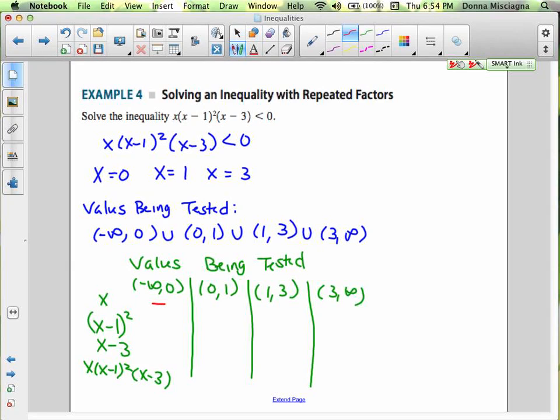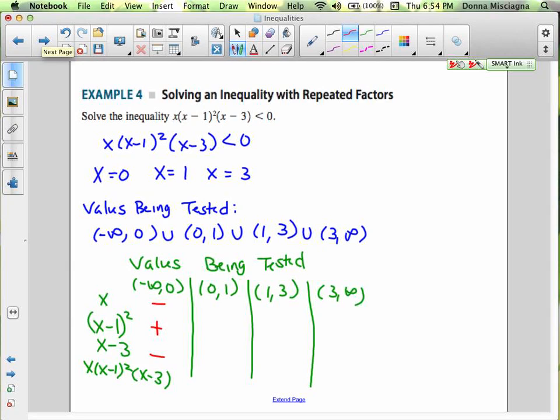On the second one, x minus 1 squared, no matter what I plug in, I'm going to get something positive, because we're squaring. If I plug in something less than 0 and subtract 3, I'm getting more negative, so that's going to be a negative value.